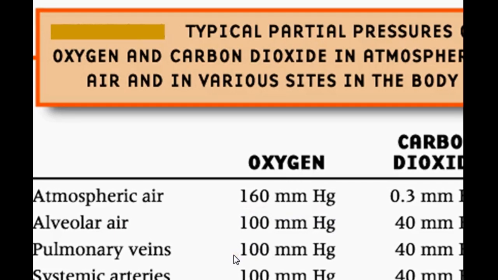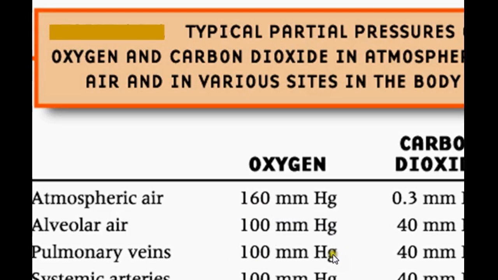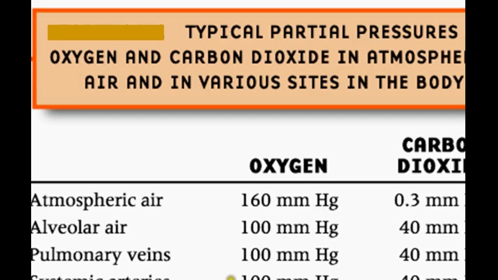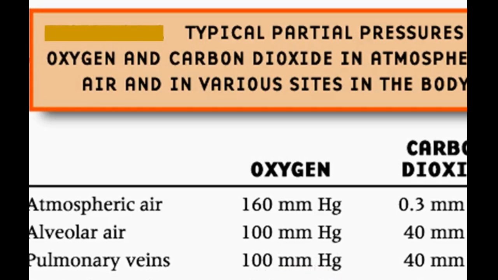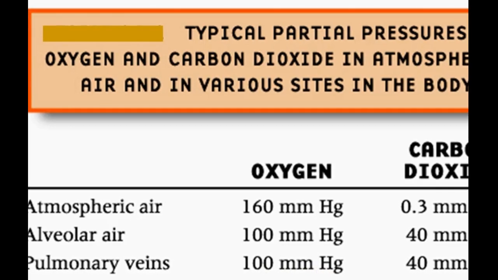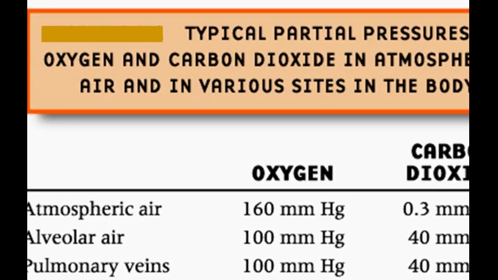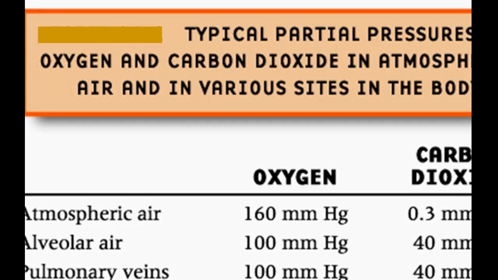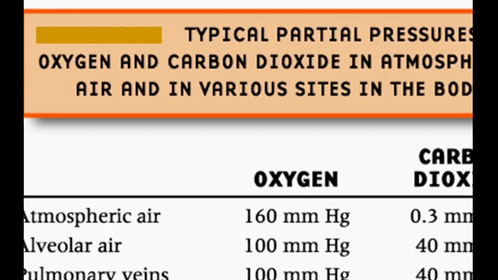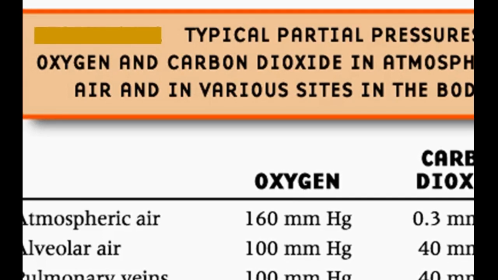In the pulmonary veins, it is 100. In the systemic arteries, it is also 100, but I would say that it is a little lower in the systemic arteries. Then in the cells, it is about 40.